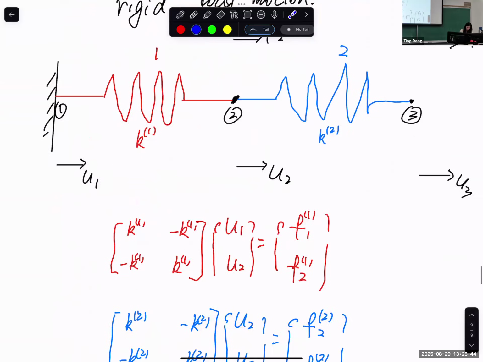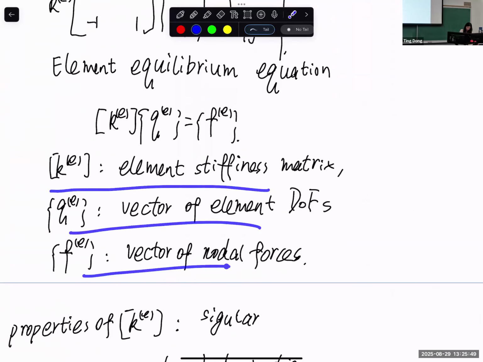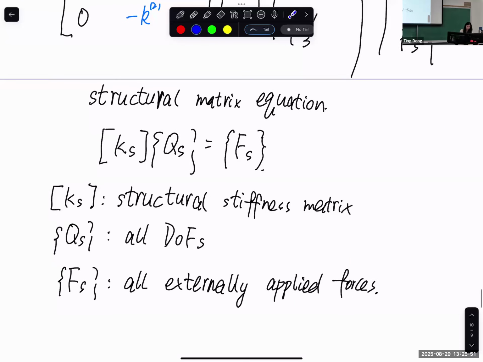So now we have the definition of the element matrix equation and the structure matrix equation. Of course, you don't need to remember any name, but you need to understand and know how to solve the problem.